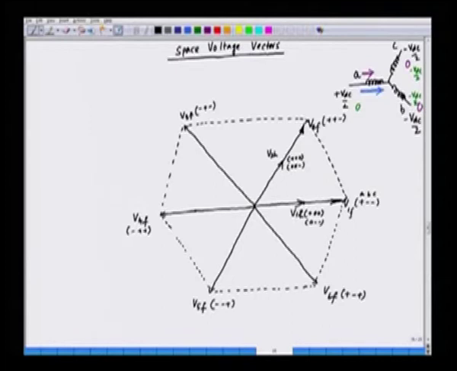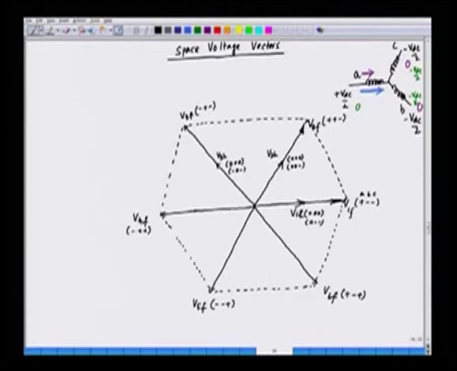So, we have two possibilities, and similarly we can have half for V3. So, we can call this to be V3H, and that is possible by applying 0 plus 0, or we can have minus 0 minus, that is also possible.